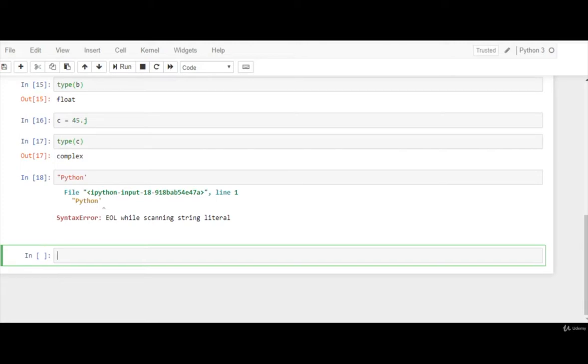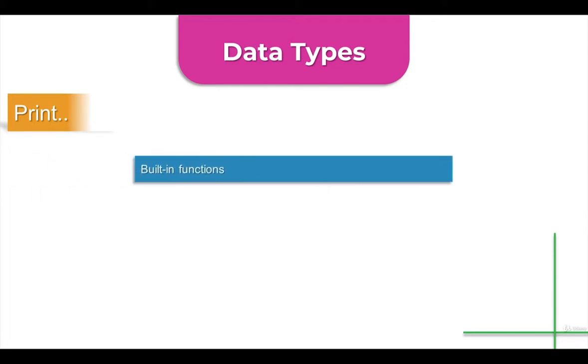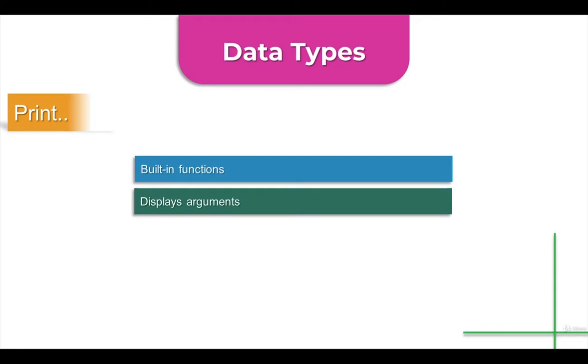So at this point, I really need to mention to you about the print and input functions in Python. Print and input are built-in functions in Python. Built-in functions mean it's just a function that's defined by Python, and we can use it when we call it. We're going to examine it in the functions lesson a little bit later on. But for now, the print function displays its argument as a line of text.